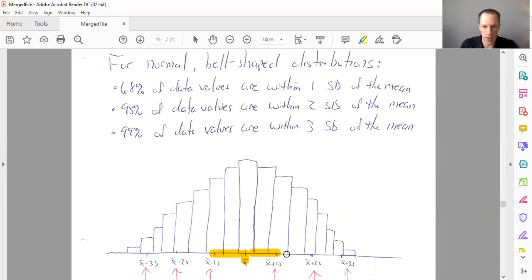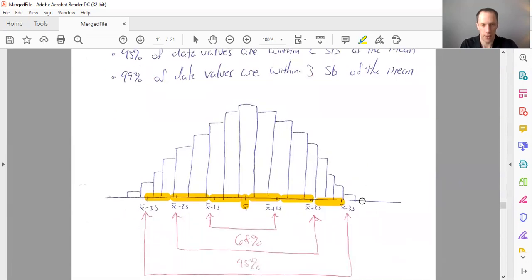Now, if you were to take 2 steps equal to the standard deviation above the mean, so that would be the mean plus 2 standard deviations, and go 2 steps below, which would be the mean minus 2 standard deviations, 95% of the data will be in that range. And if you were to go 3 steps above and below, then 99% of the data would be in that range.